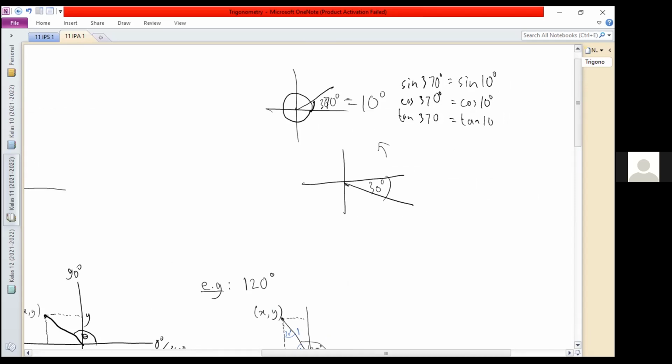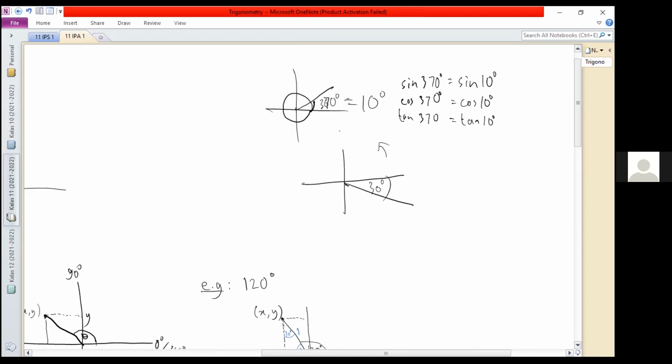Why? Because sine, cosine, and tangent are defined by the division of x over r, y over r, and y over x. The position of the angle, or this line, is the same for both 370 and 10 degrees, so the value of the trigonometric function remains the same.